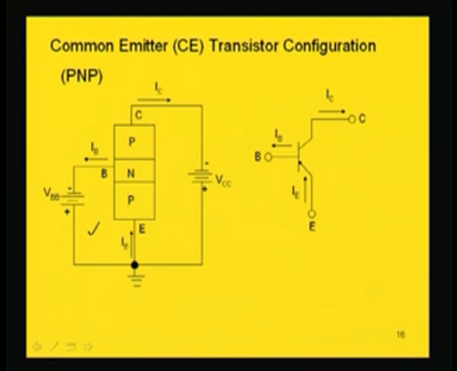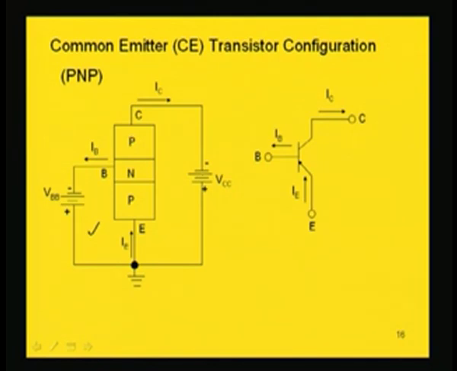So, this P is connected to negative and positive is to E, which is grounded, and direction of currents, if we see in this common emitter transistor configuration using PNP transistor, emitter current will be into the transistor because it is flowing in this direction. Base current will be out of the transistor, it is entering the negative terminal.